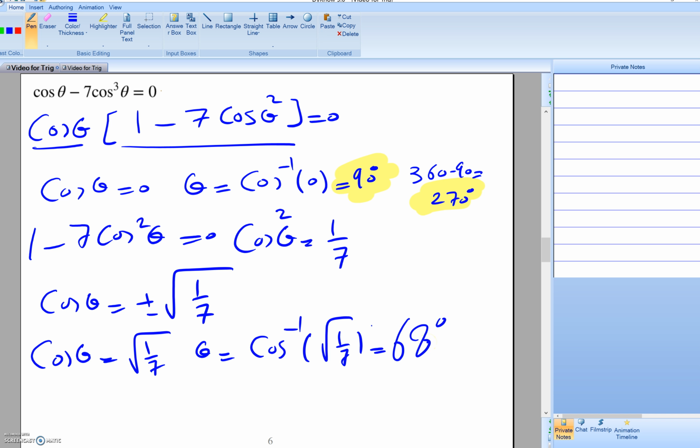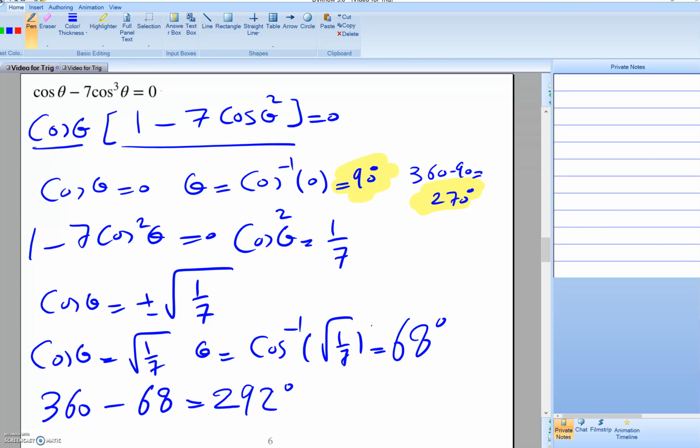Okay, 67.7, then I round to 68 degrees. Okay, so the other one is 360 minus 68, which is 292 degrees.